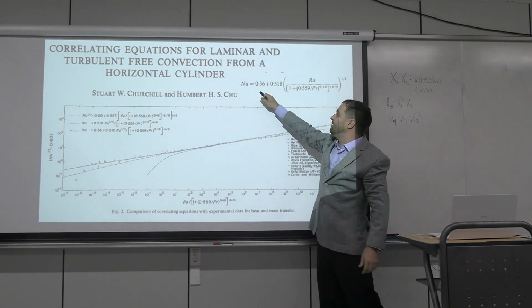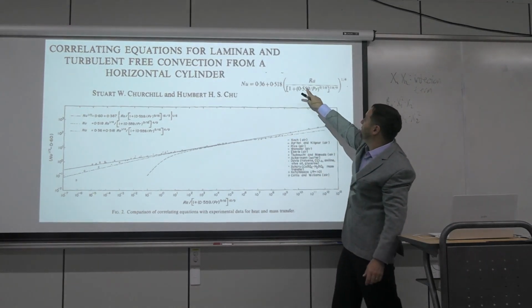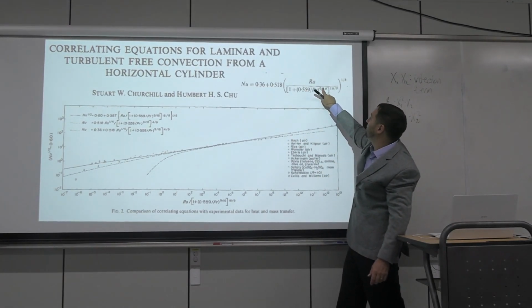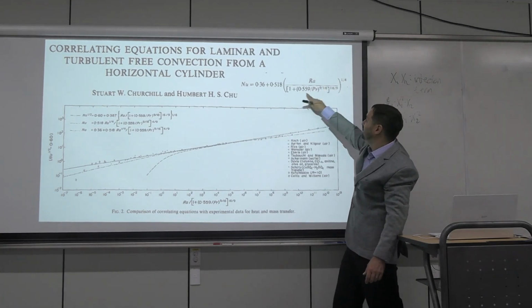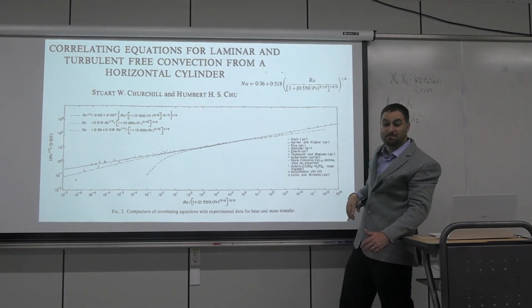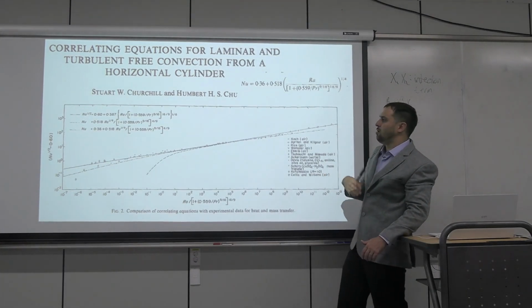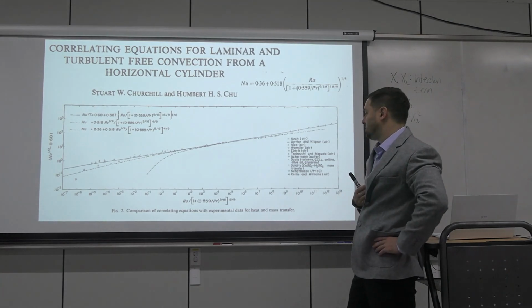So all of this would be your beta naught, beta 1, probably beta 3, beta 4, beta 5, beta 6. All of these strange numbers and exponents would be determined from the nonlinear regression.